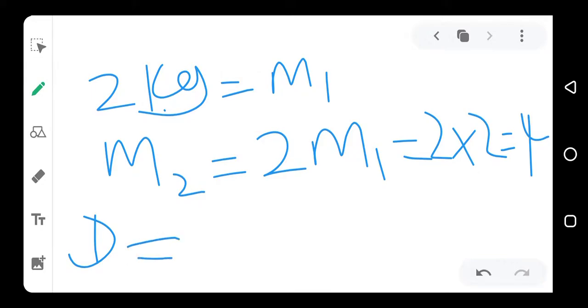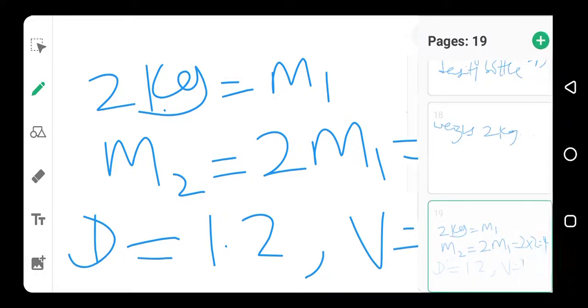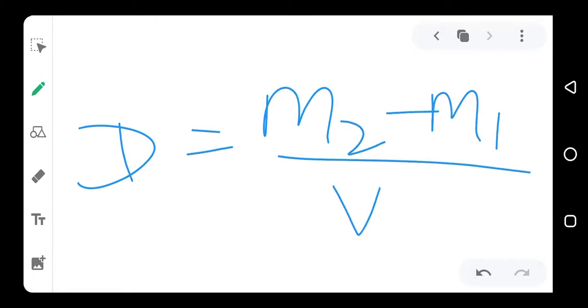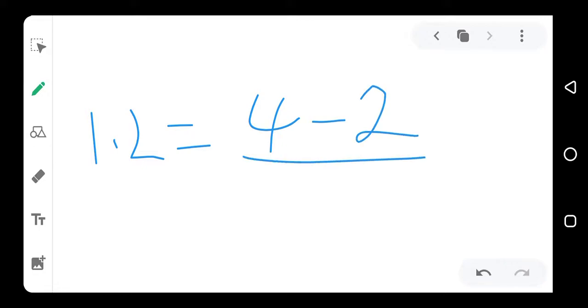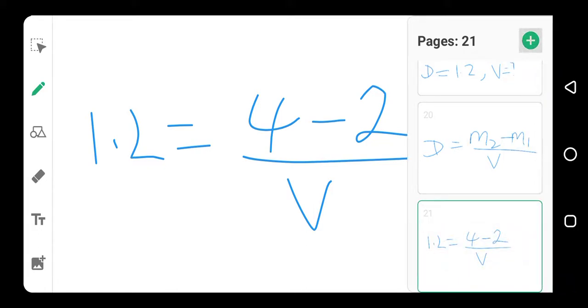So our density is equal to M2 minus M1 over V. That means that 1.2 is equal to M2, which is 4, minus M1, which is 2, over V. Now that gives us that 1.2V is equal to 4 minus 2, which is 2.